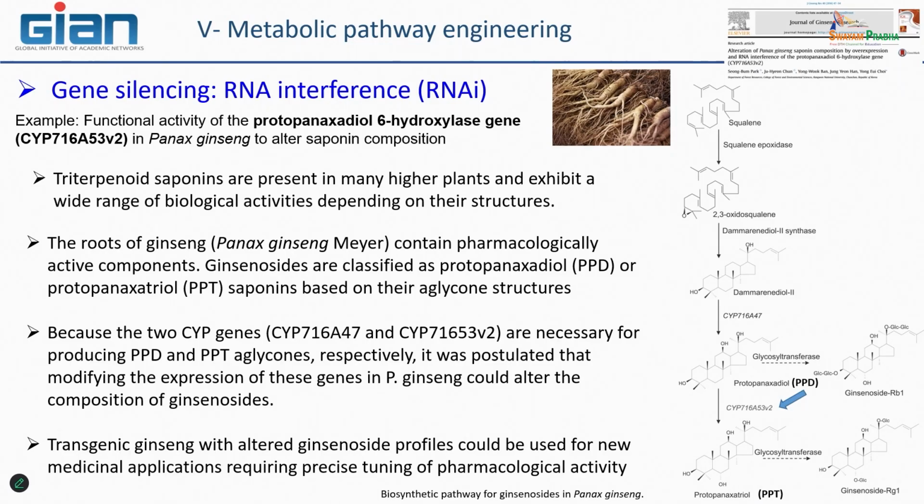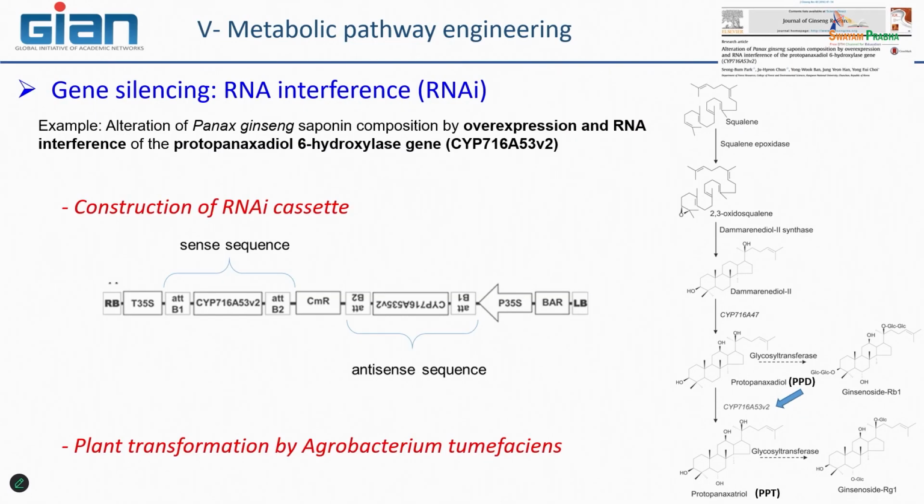So what they did, they initiated the construction. I showed you already this construction, including the good sequence of this CYP protein and the antisense sequence of this CYP protein.